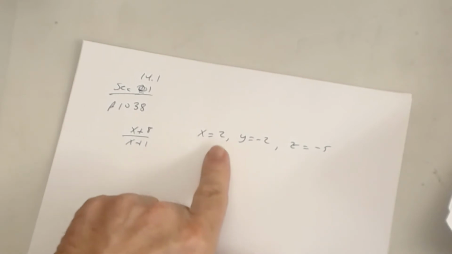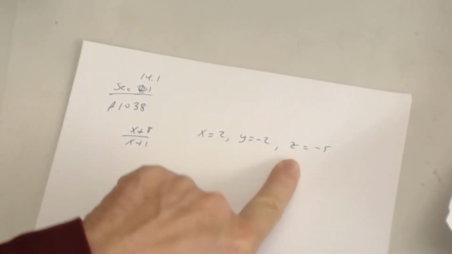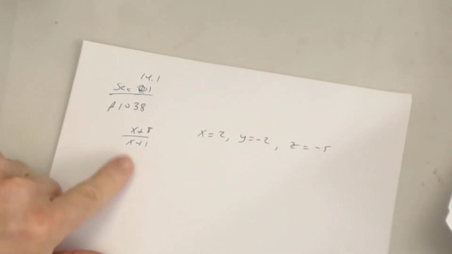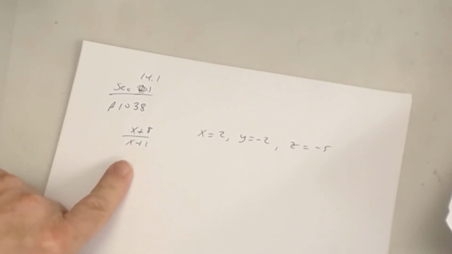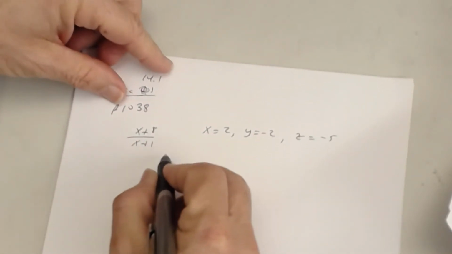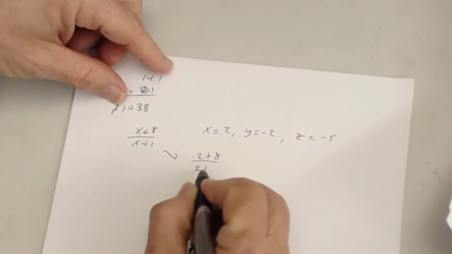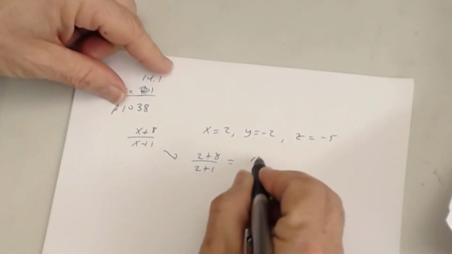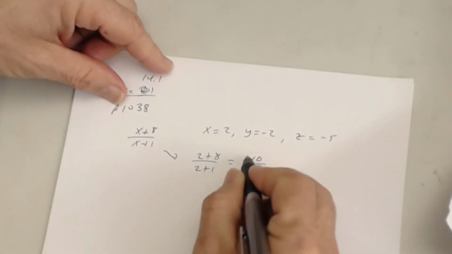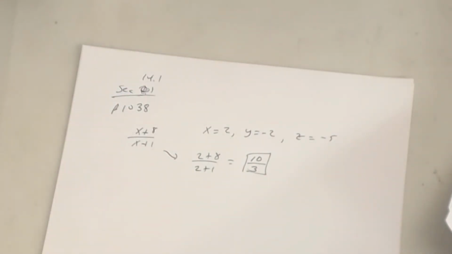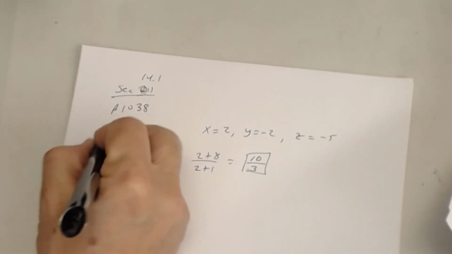In this expression, what variable am I looking at? X. So wherever we see an x, what do I plug in? 2. So this is going to be 2 plus 8 divided by 2 plus 1. So what's my answer? 10/3. Yes. All right, 10/3. So it's number 2.